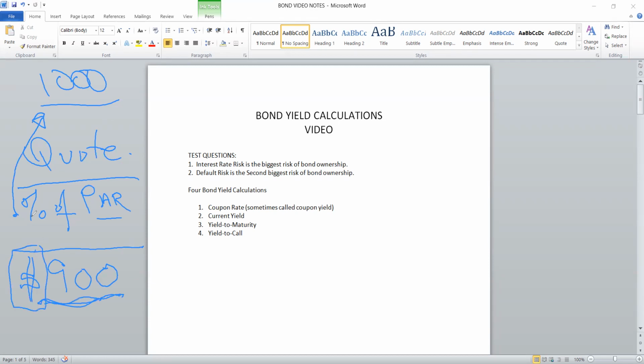So if a bond was trading at 65, that's $650, because it's 65% of 1,000. And if you did this on your calculator, it would be $650.